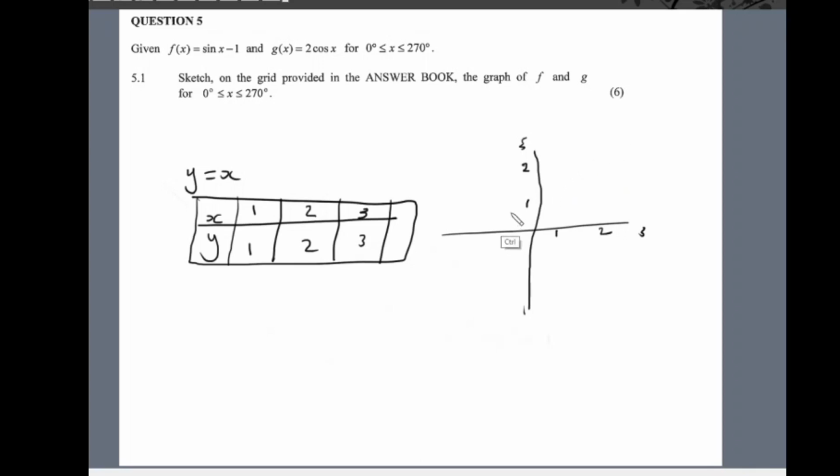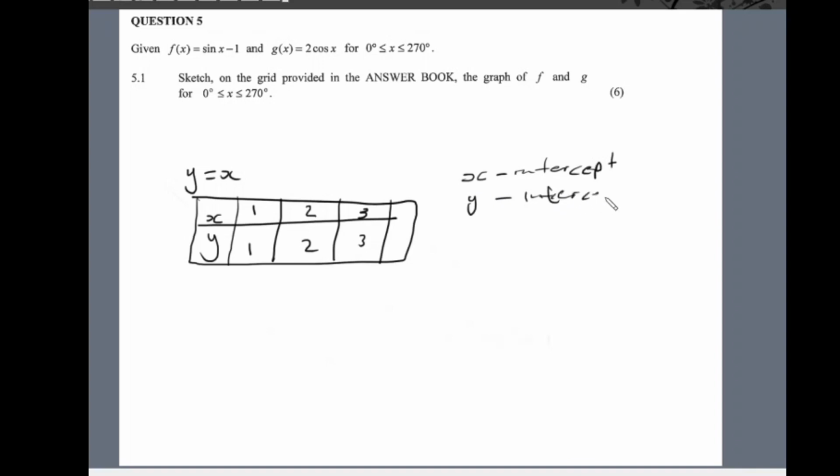But then if you were to sketch the graph of this function, you look for the critical points, right? The critical points, x-intercepts and y-intercept, right? So x-intercept, you let y be 0.